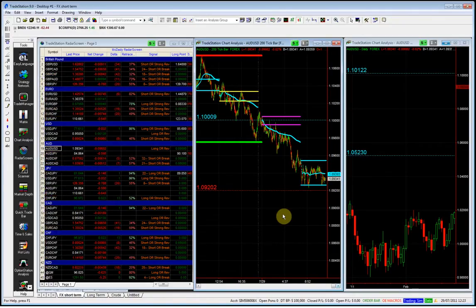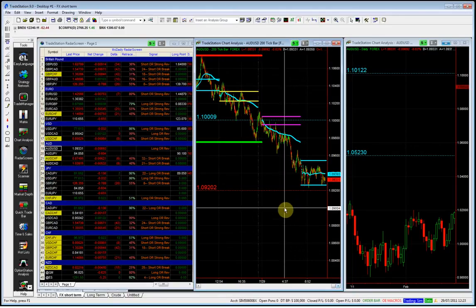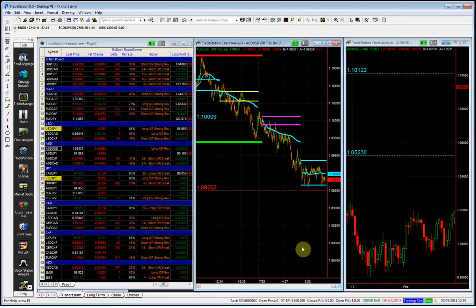So if we get a short covering rally in the US dollar and we get the concerns still in the market and the commodities come off, this Aussie US dollar will further decline.